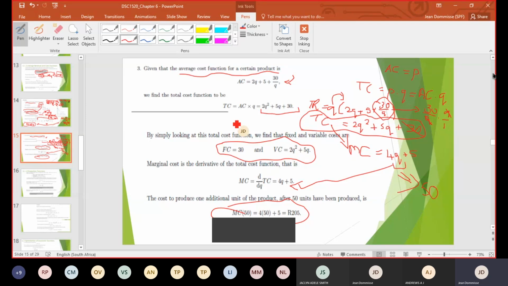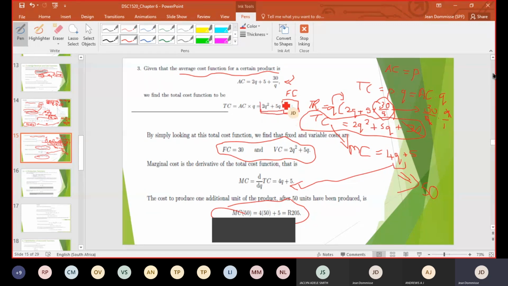So there's no dependence on how many you produce. When you look at that formula and you need to identify the fixed cost, it can only be the plus 30. That can only be your fixed cost because there's no Q associated to it. So when there's a Q, that tells me the more I produce, the cost will change. So that will be my variable cost.